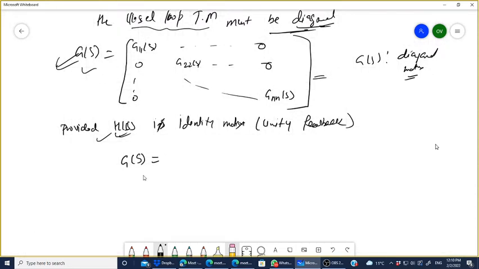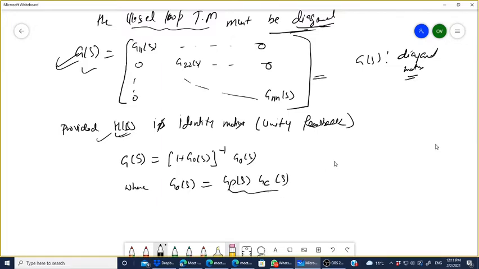What is G(s)? How can we calculate it? It is (1 + G_0(s)) inverse times G_0(s), which you just saw, where G_0(s) is nothing but G_P(s) into G_C(s).